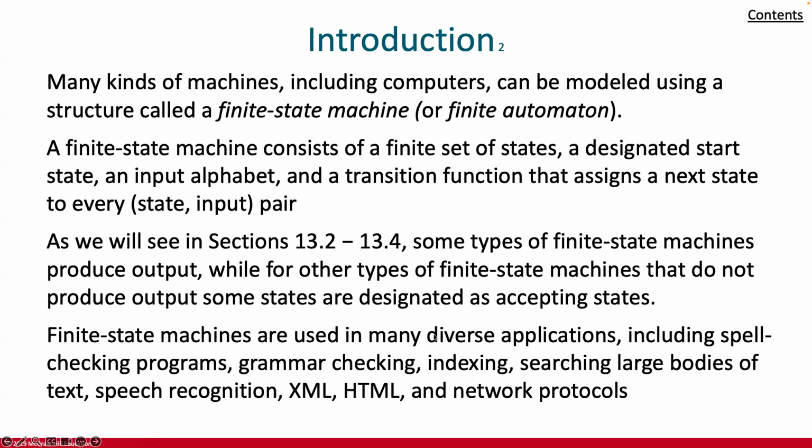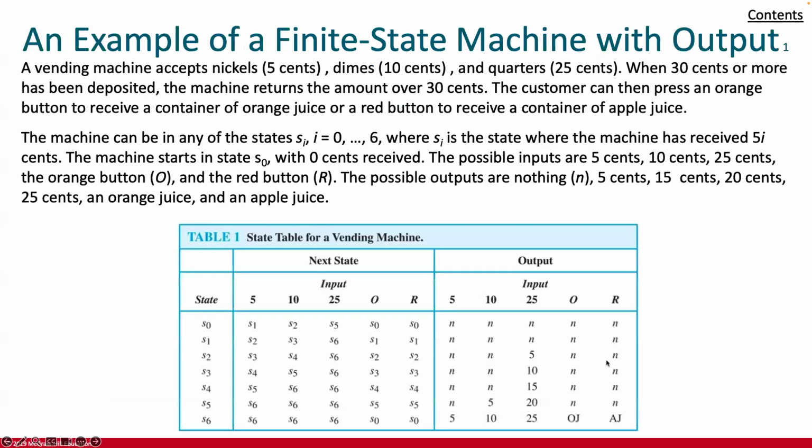That's what we're focusing on for this section. Finite state machines have many diverse applications, as I mentioned, including XML, HTML, spell checking, grammar checking, etc. So here is an example of a finite state machine with output.